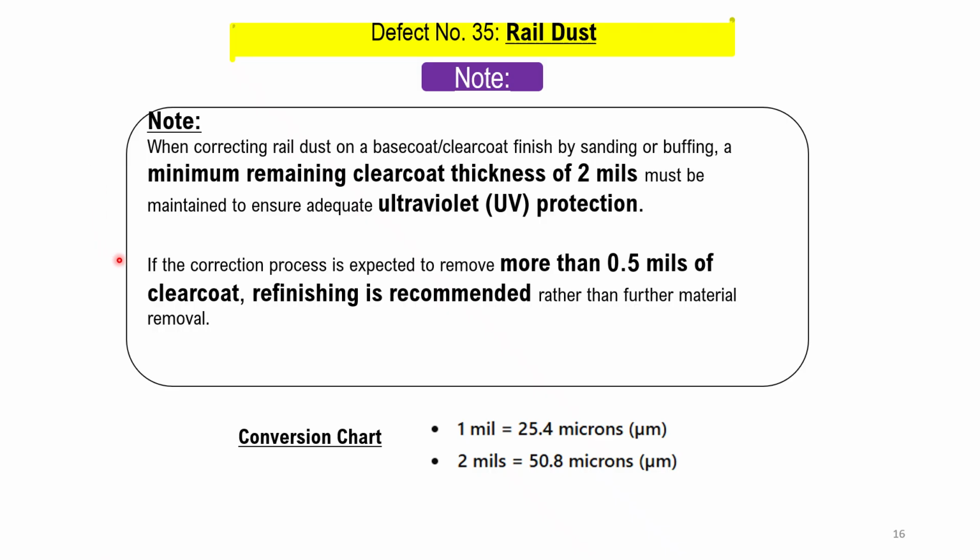If the correction process is expected to remove more than 0.5 mils of clear coat, refinishing is recommended. 0.5 mils means about 12 microns, rather than further material removal.